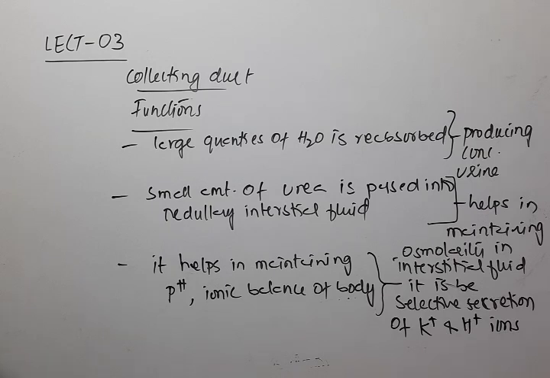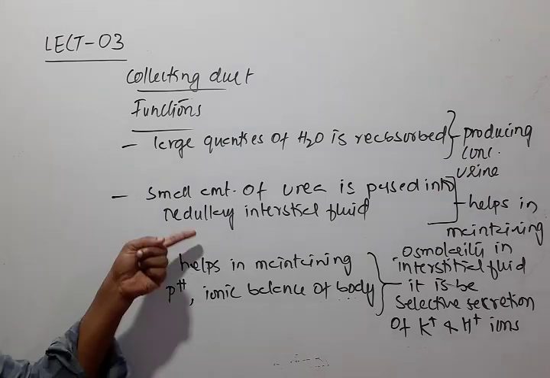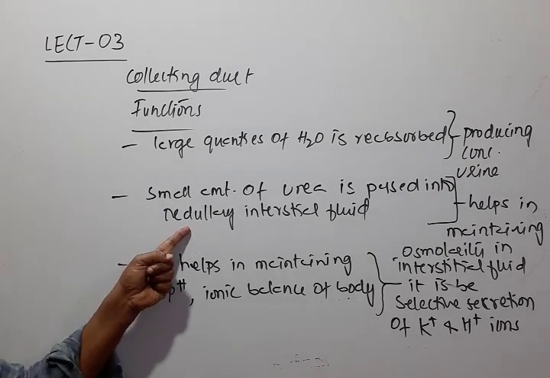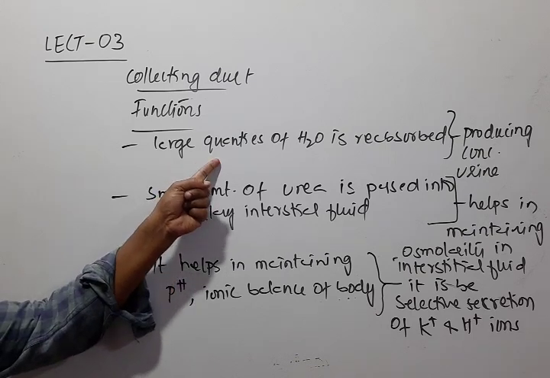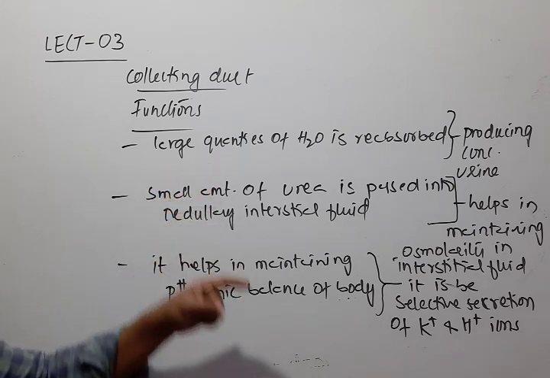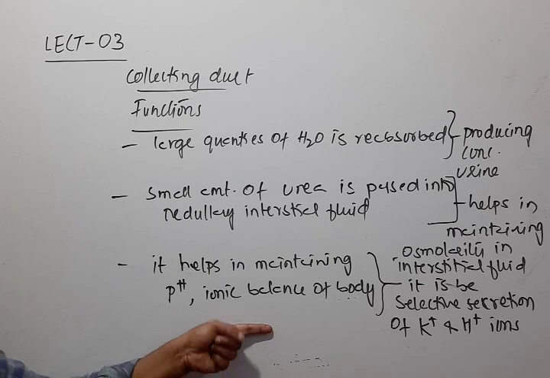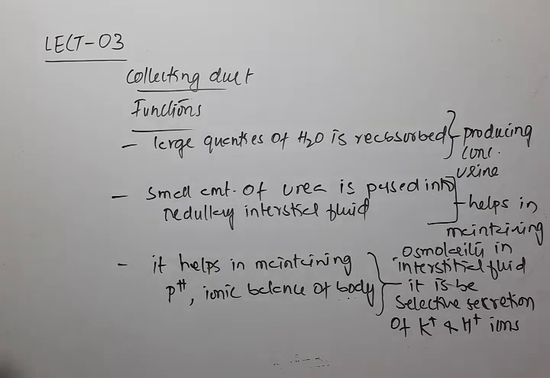So this is how the collecting duct helps in maintaining the osmolarity in the interstitial fluid, helps in producing the concentrated urine, and also helps in selective secretion of potassium and hydrogen ions.